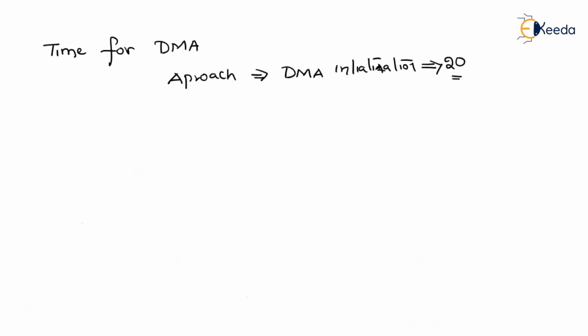So this 20, that is the DMA initialization overhead, plus each byte will take 2 clock cycles. That is 2 into 500, because 500 bytes are needed to be transferred, which is 1000. This is 1000, this is 20, which is equal to 1020.